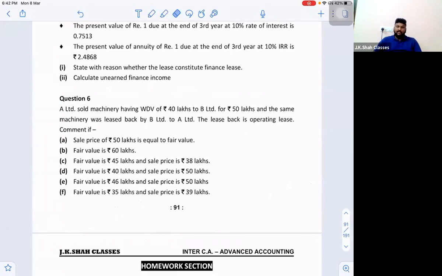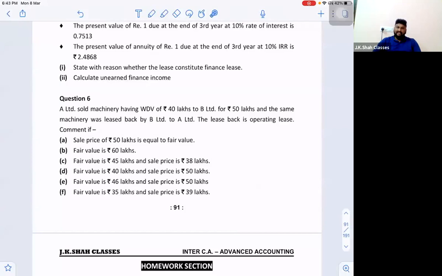Question number 6 says: A Limited sold machinery having a WDV of 40 lakhs to B Limited for 50 lakhs. So WDV is 40, selling price is 50, and the same machinery was leased back by B Limited to A Limited. And the leaseback is an operating lease.